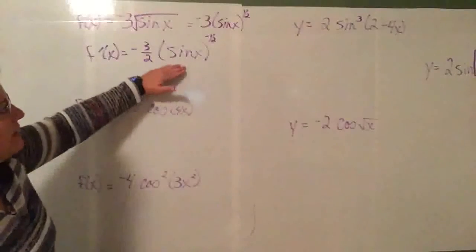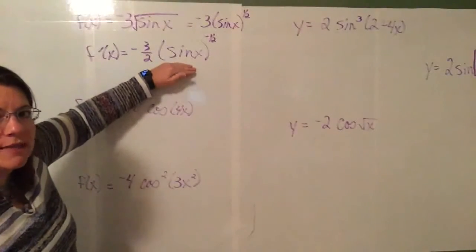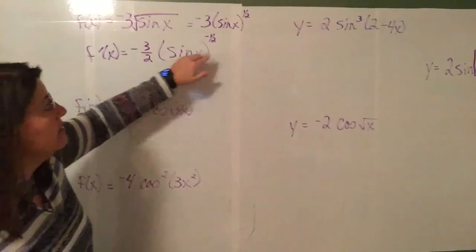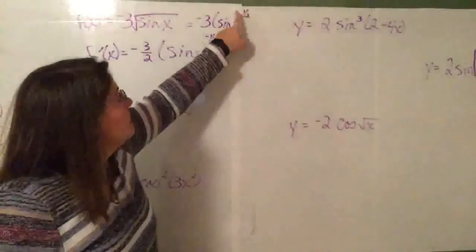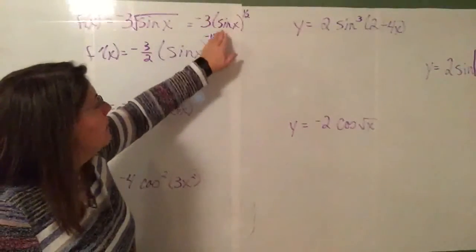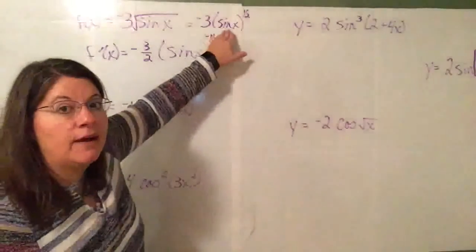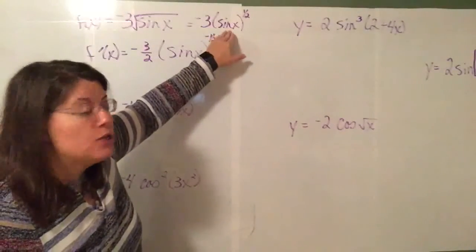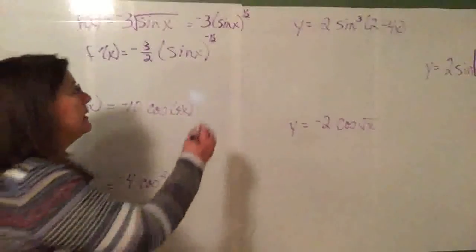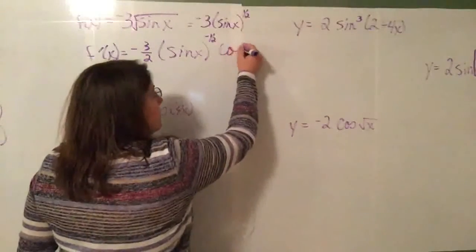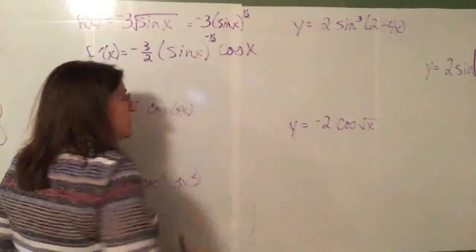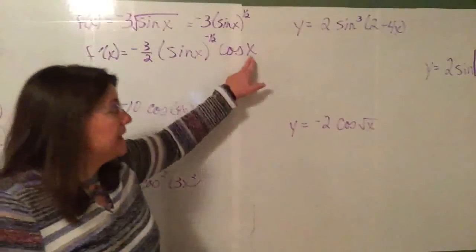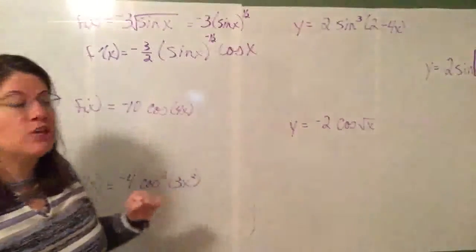I have to leave the sine there without taking its derivative because it was my inside part. So I'm doing the chain rule here, but now I have to take the derivative of the inside part. The derivative of sine is cosine, and the derivative of x is just 1, so it's still going to be cosine x.